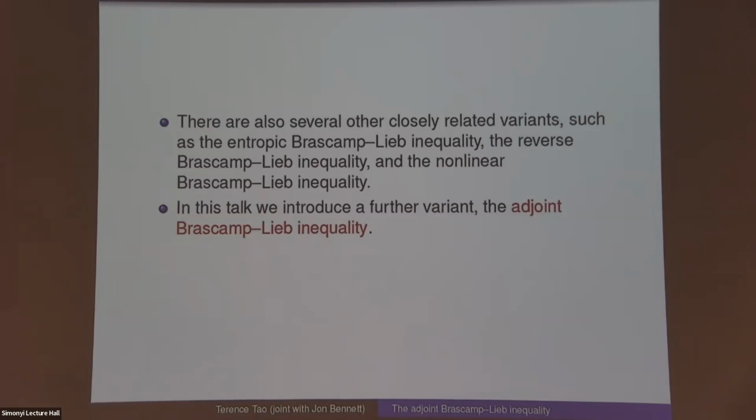We discovered one extra twist that you can make to the Brascamp-Lieb inequality, which is kind of obvious in retrospect. It's sort of implicit in some literature, but we call it the adjoint Brascamp-Lieb inequality. If you have a linear inequality, we are all familiar that linear inequalities often have adjoints.